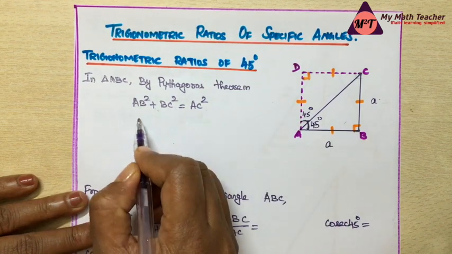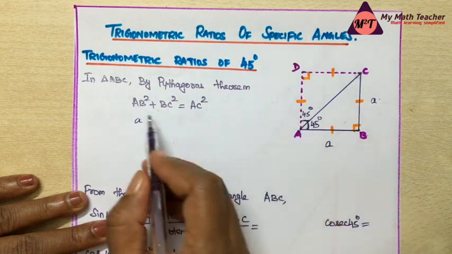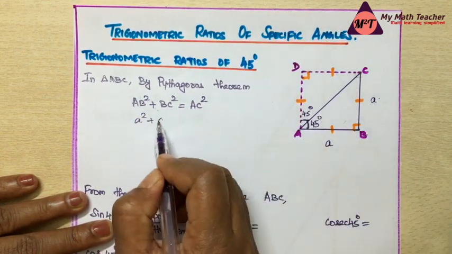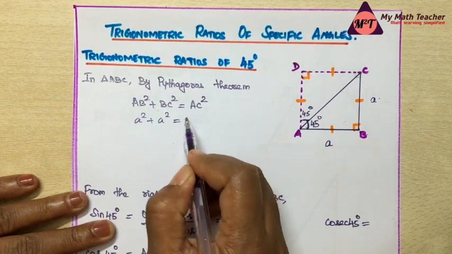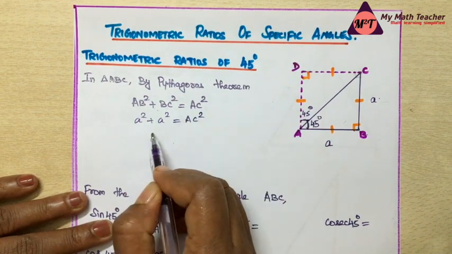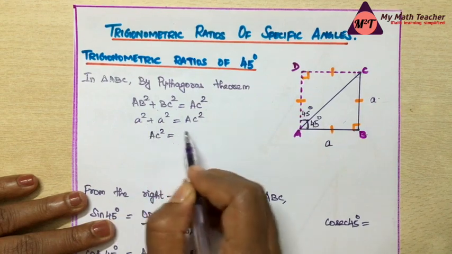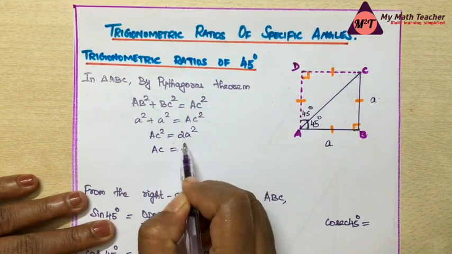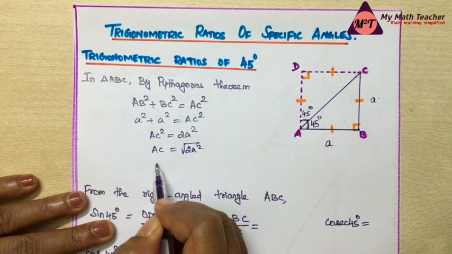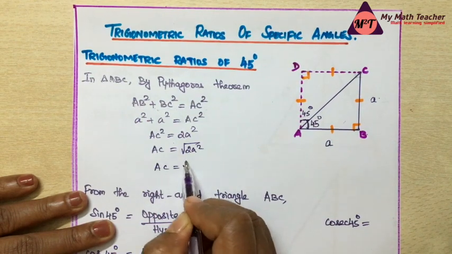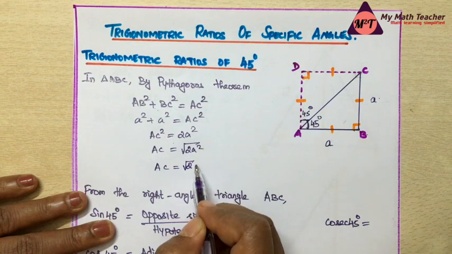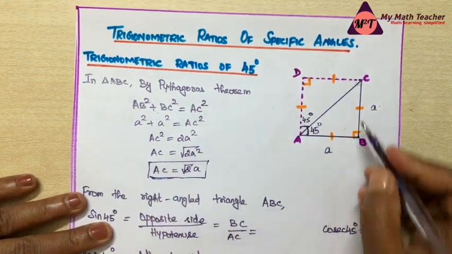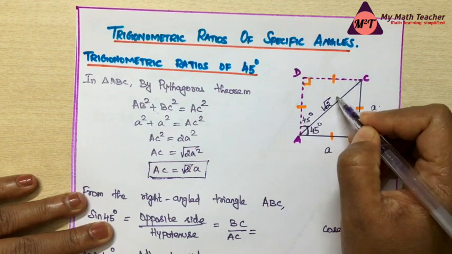AB is A, so the length squared is A square, plus BC is also A, that is equal to AC square. Now AC square is equal to 2A square. AC is equal to root of 2A square. That is, AC will be the square root of 2 times the square root of A square, which is A. That is, the diagonal AC is root 2 A.